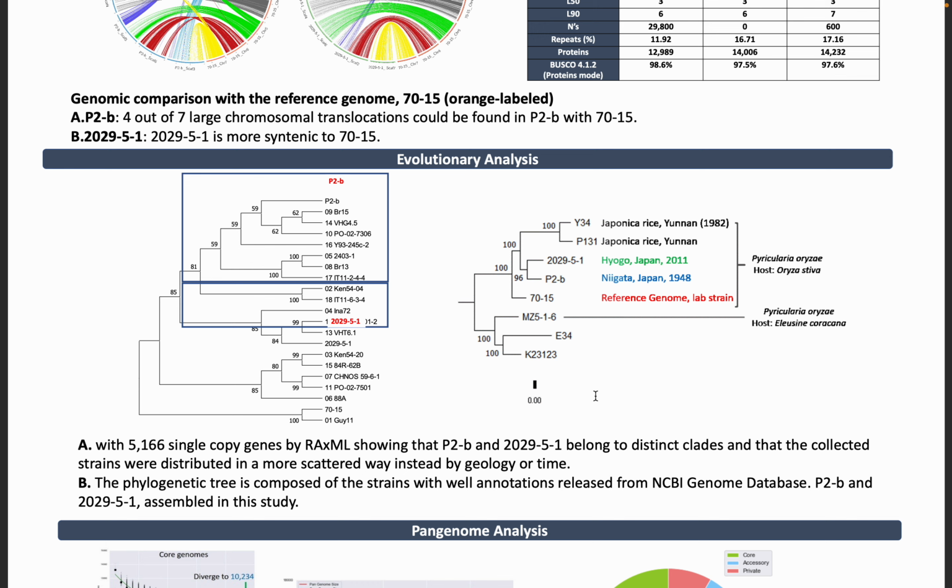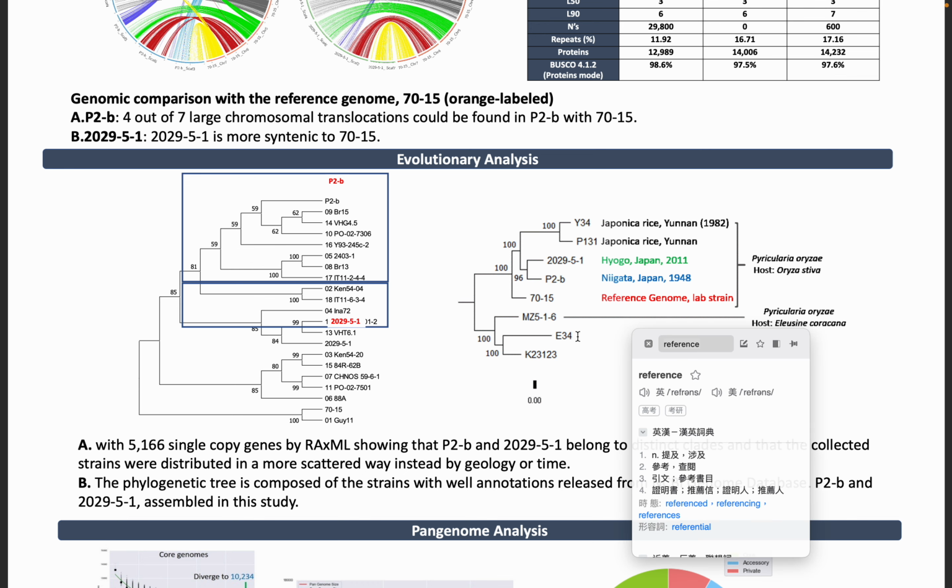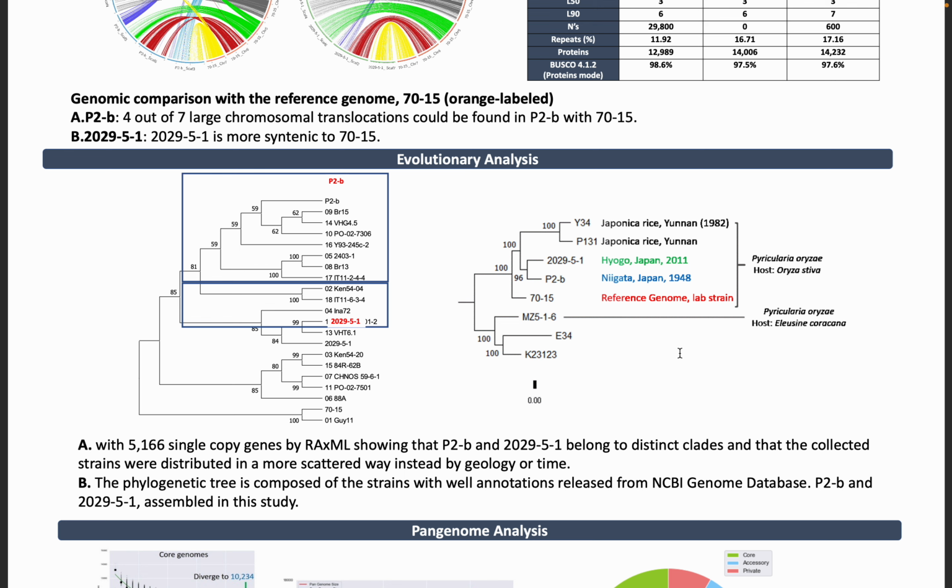The phylogenetic tree is composed of the strains I mentioned, and you can see here P2B and 29951, assembled in this study, belong to the same clade, and they are also in the clade called Pyricularia oryzae, also because their host is Oryza sativa, which is in general rice.